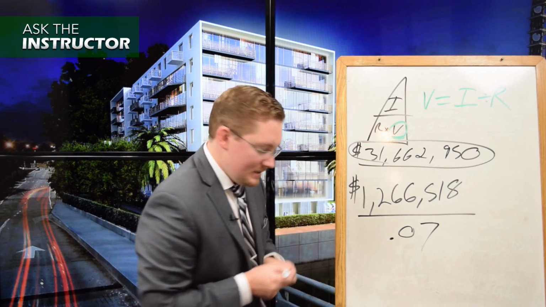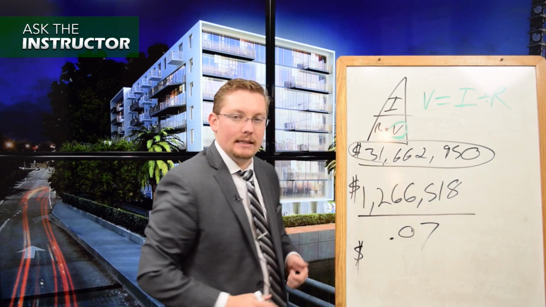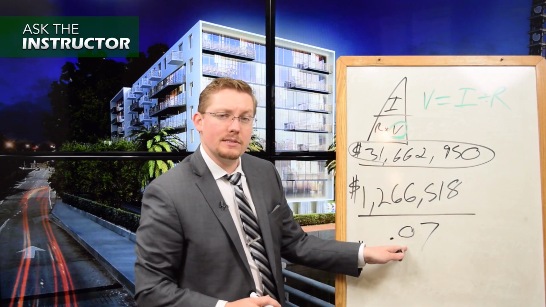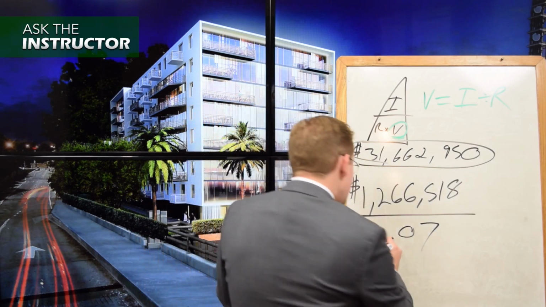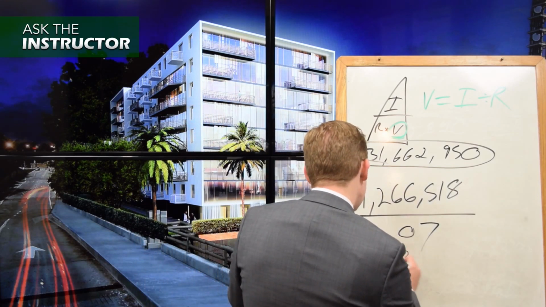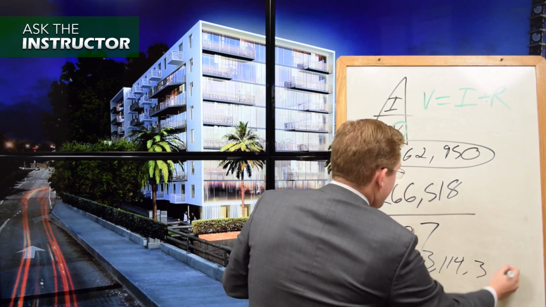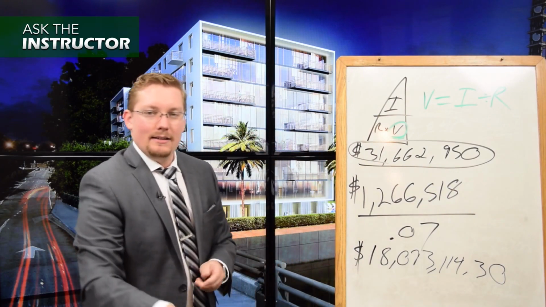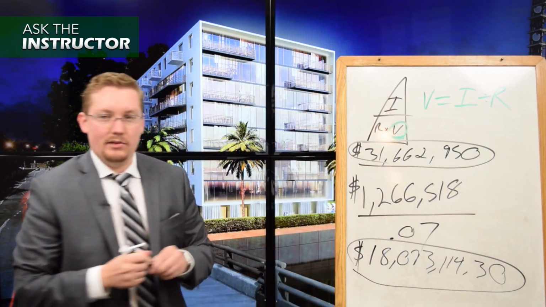And now you can see how this range can be completely spread out, how we completely open it up just by changing this from 4% to 7%. Going up 3% puts us at $18,093,114.30. So that's what we should pay if we want a 7% return on investment.